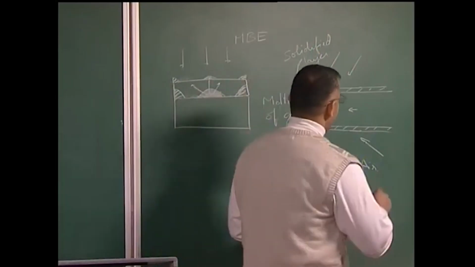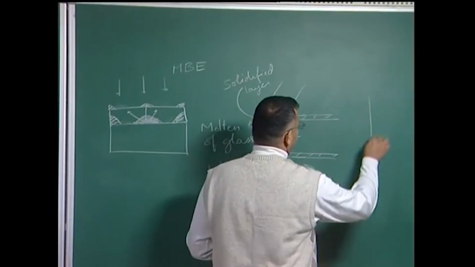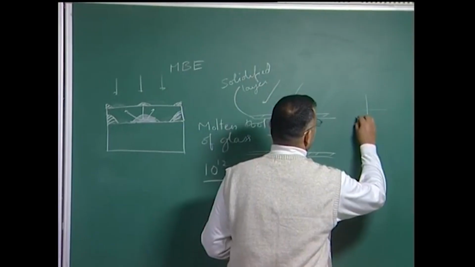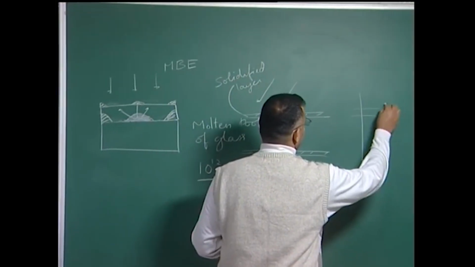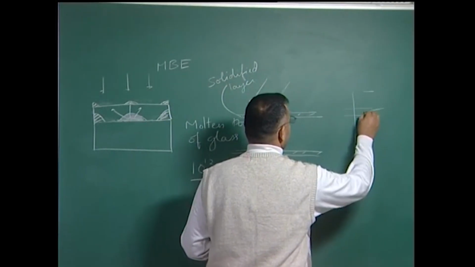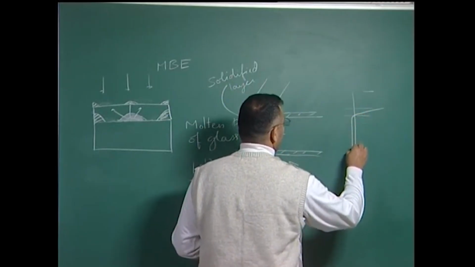So, if I look at the residual stress plot, I would notice that close to the surface you will actually have a large compressive stress, and I am saying this is the negative side, compressive side, and of course, there will be a small tensile stress in the interior.